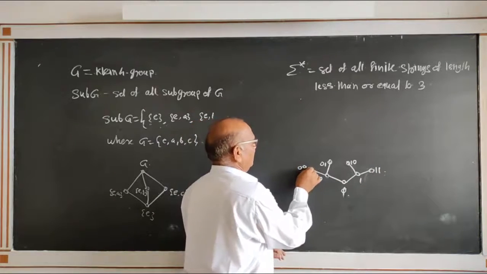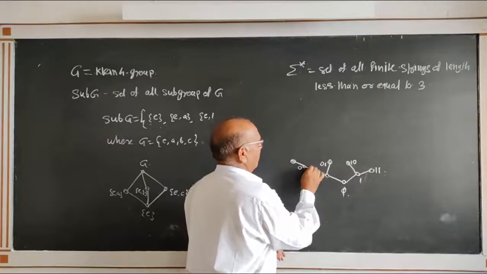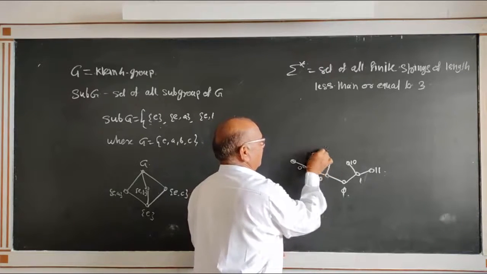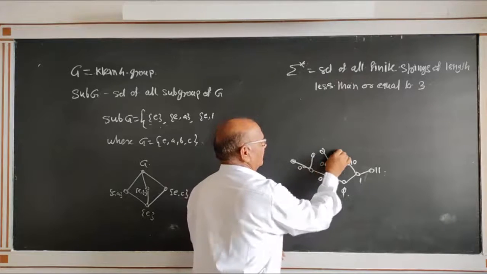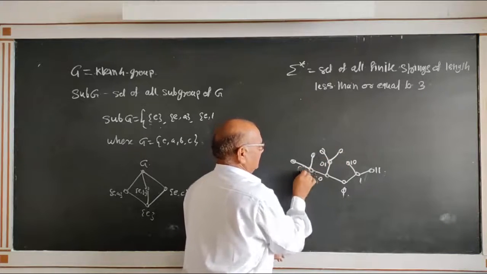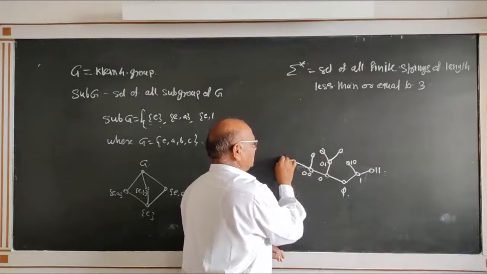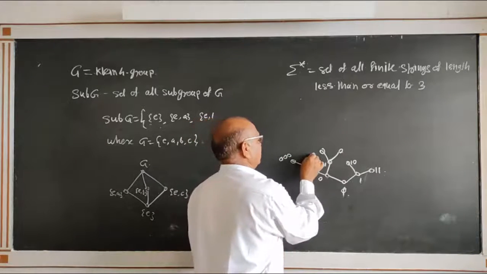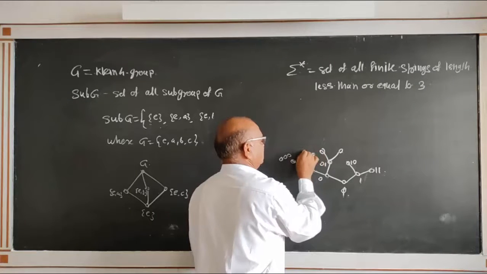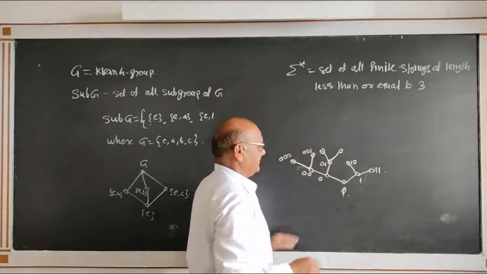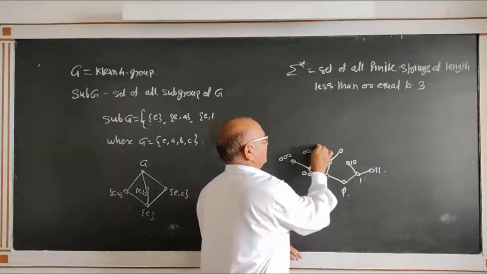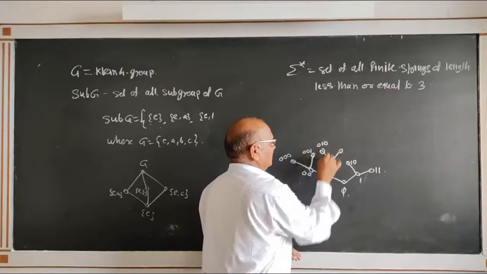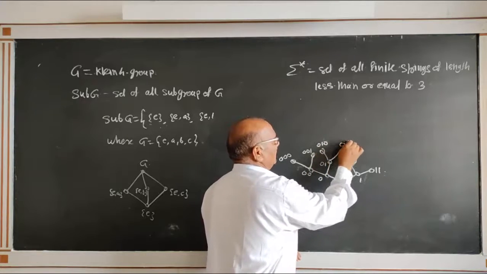Now here 00, here 000, a string of length 3. Here 001, 010, and here 011.